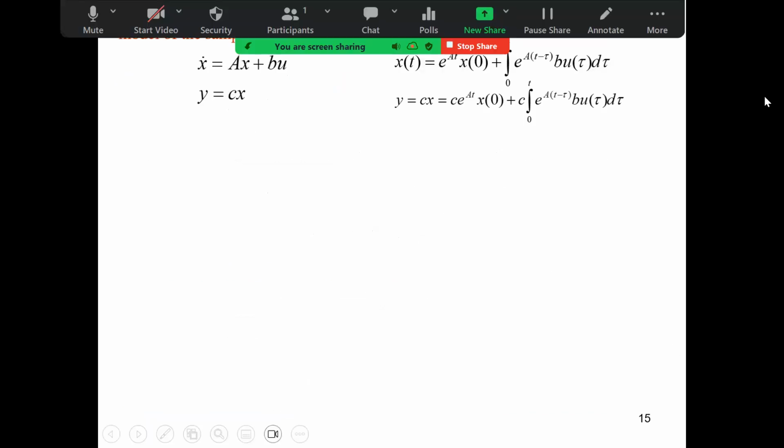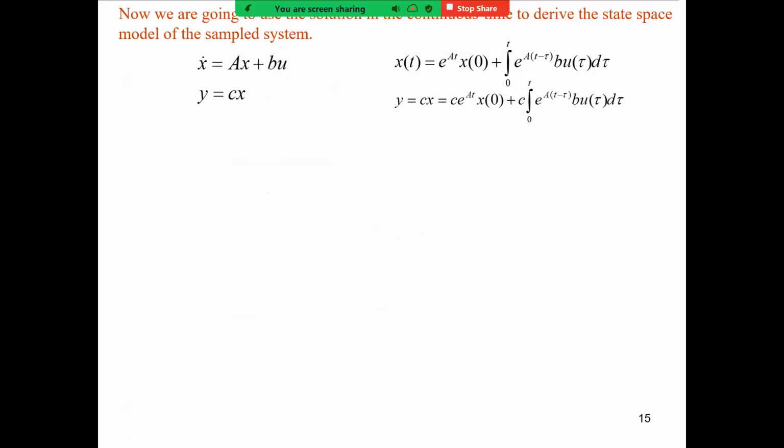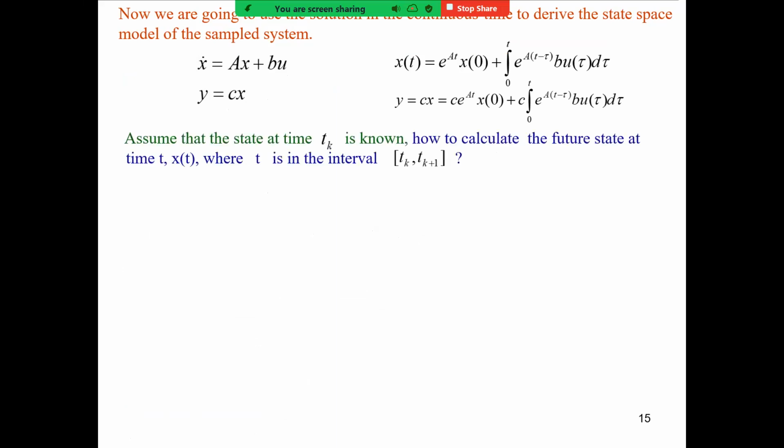All right, so here we are. We have the solution in the time domain, and now we know what is going on for the discrete time. For the digital control, we use a zero order hold, and then we try to figure out what the signals are.